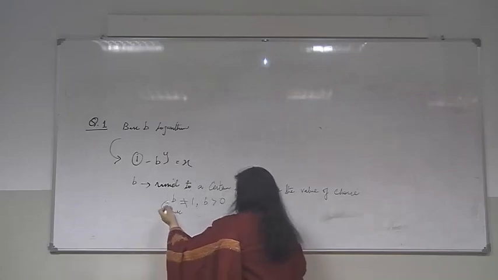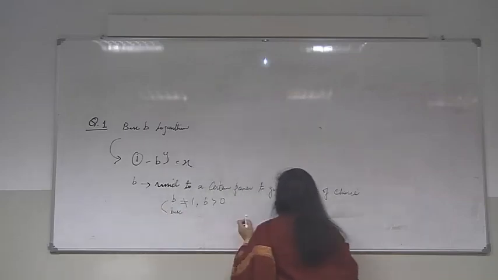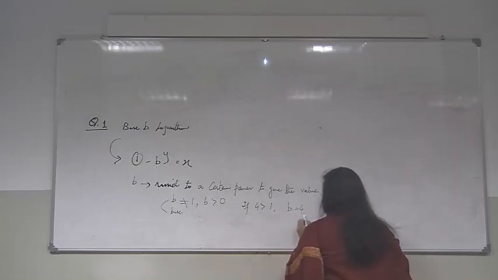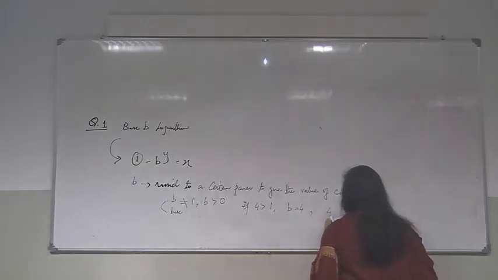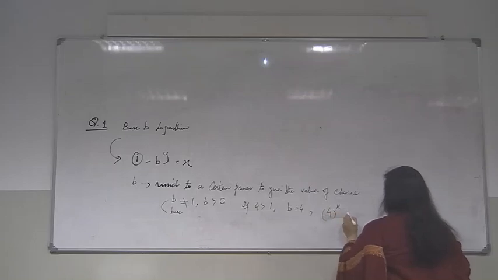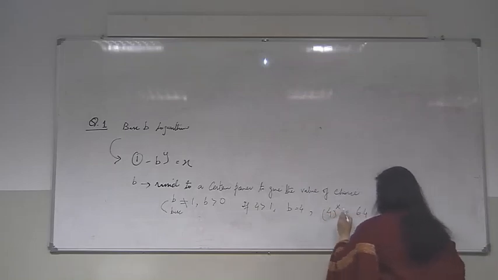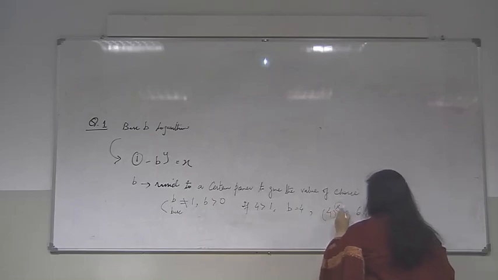You can always give an example: if 4 is the base, so if b is equal to 4, then you can have 4 raised to some power x, which can give you maybe 64. Now we need to find out what this value could be.